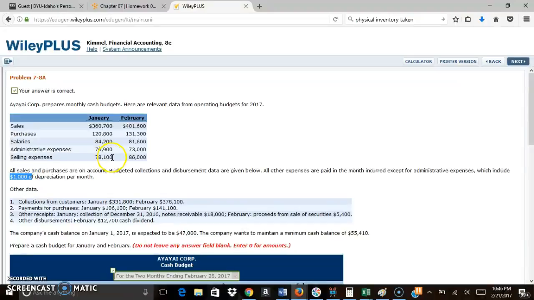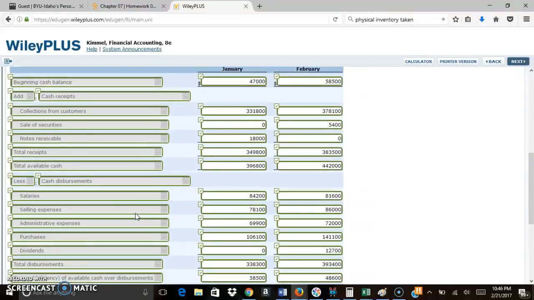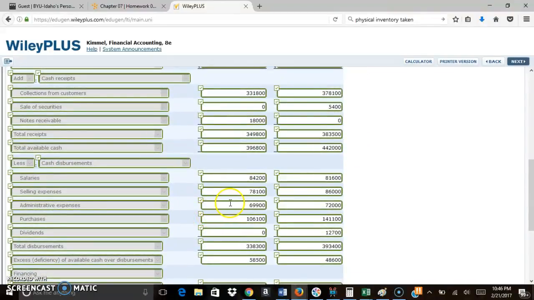I added it in there, and that was wrong. And then I just put the $70,900, and that was wrong. So I decided that I needed to actually take 1,000 from the $70,900, and sure enough, that's what it was. So that's why I had to submit it, just so we know we get it right.